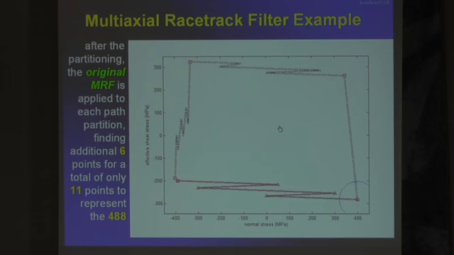So initially you had a history with 488 points that come from the digital measuring system, and the damage calculated using only 11 points is exactly equal to the damage we would get calculating with 488.